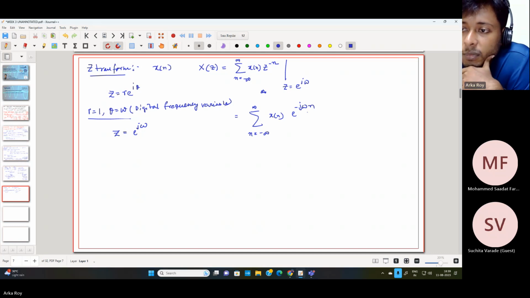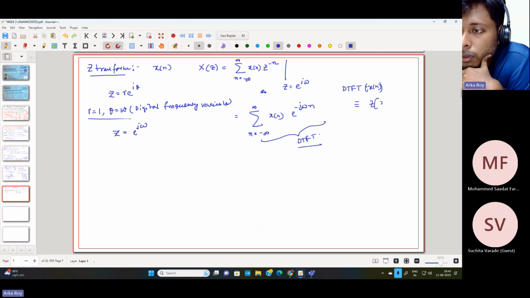So this is basically the DTFT. So we can say the DTFT of x(n) is equivalent to the Z transform of x(n) evaluated at z equals e to the power j omega.